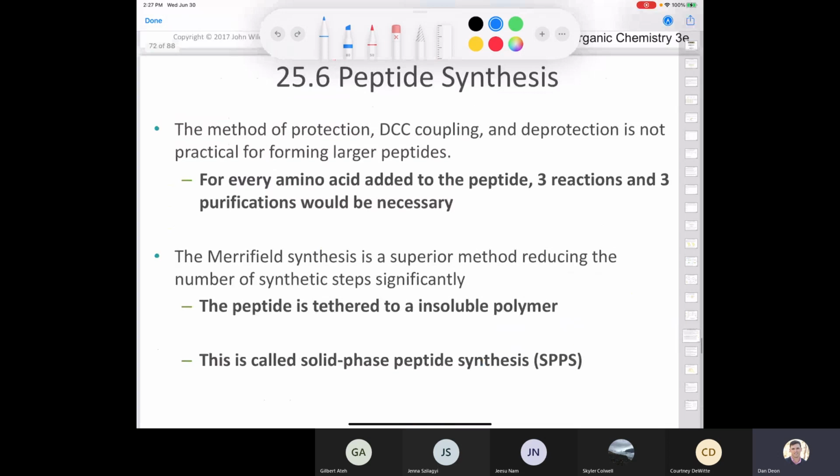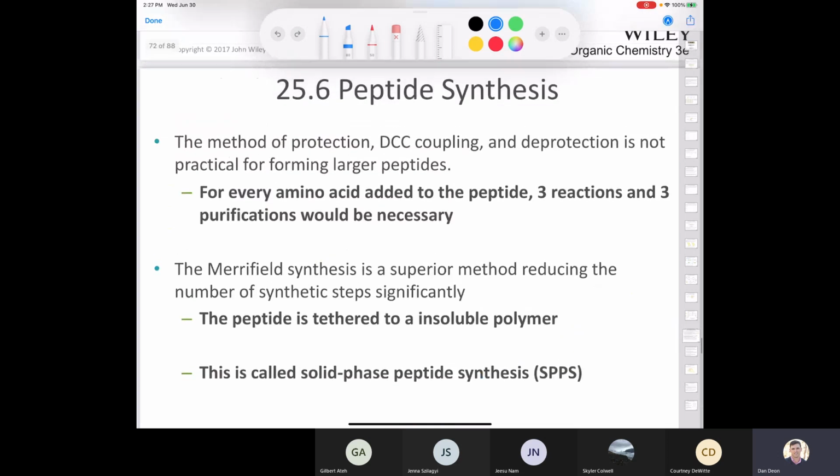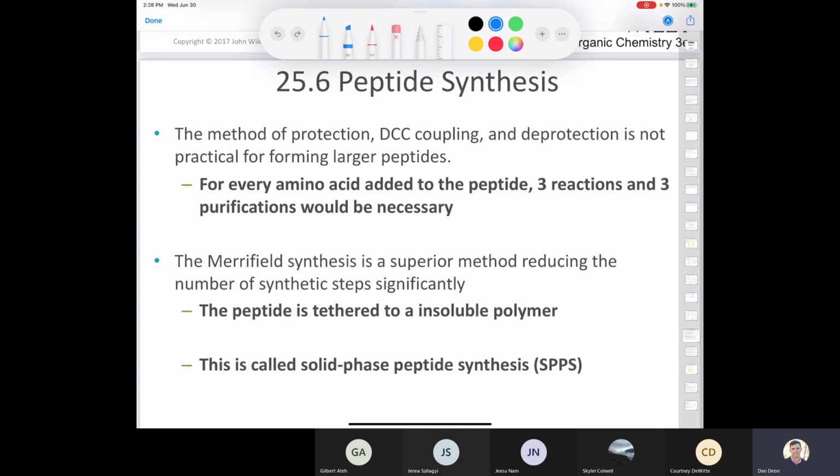All right, well, check this out. Everything that you've just learned, all these Fmoc and Boc protecting groups and benzyl esters and methyl esters, it's great. Using DCC is wonderful. It's great chemistry.